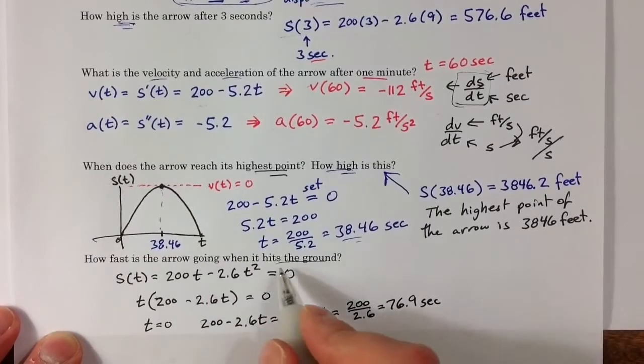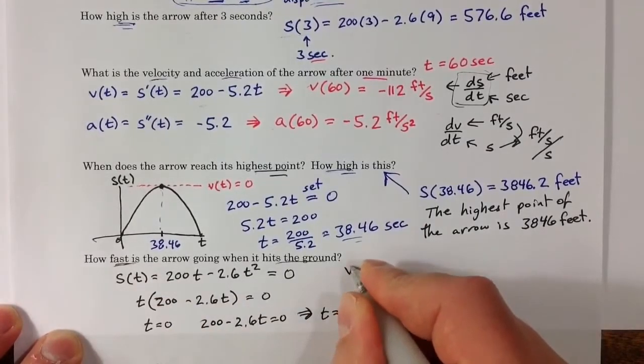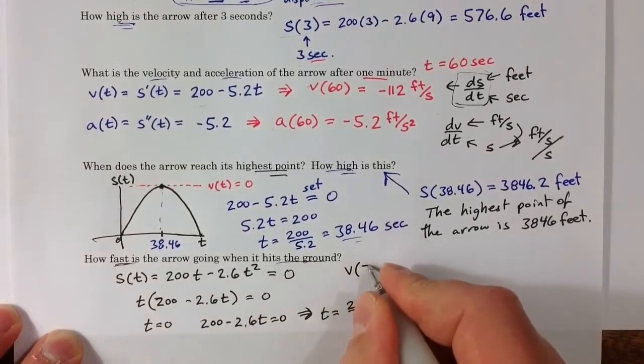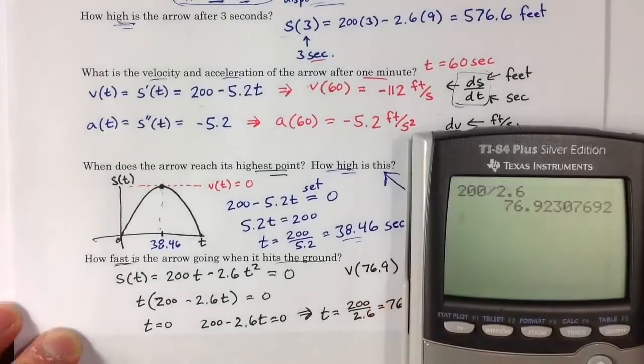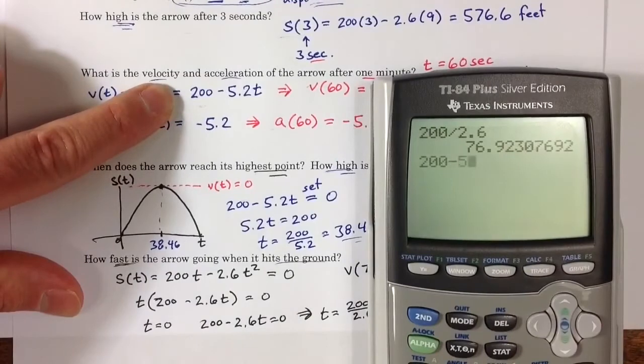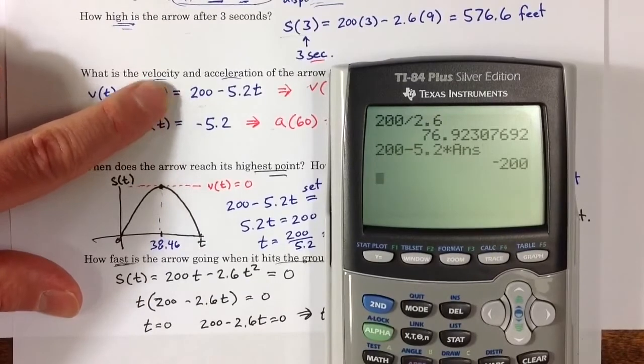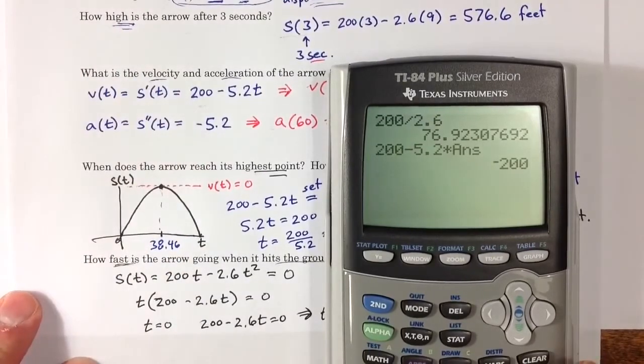And so to answer the question, how fast the arrow is going, well, that relates to velocity. If I plug this into the velocity function, it's simply 200 minus 5.2 times that 76.9 value.